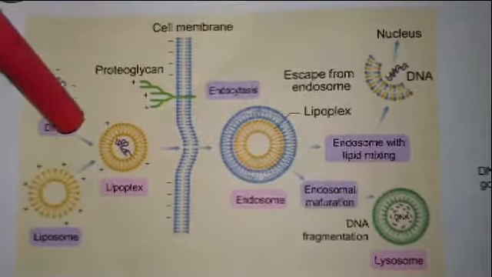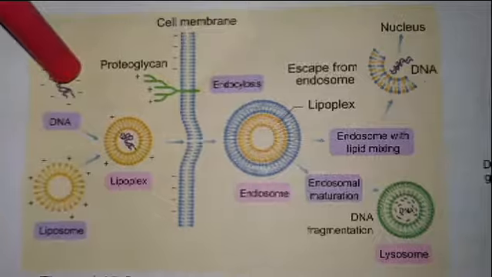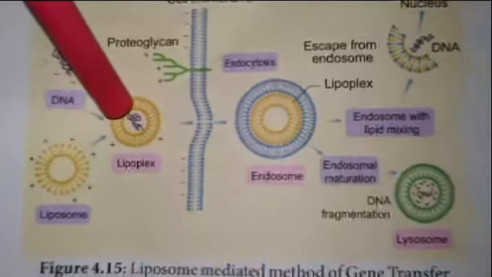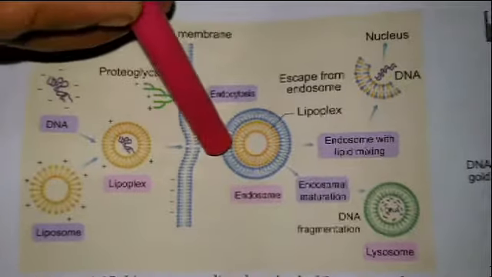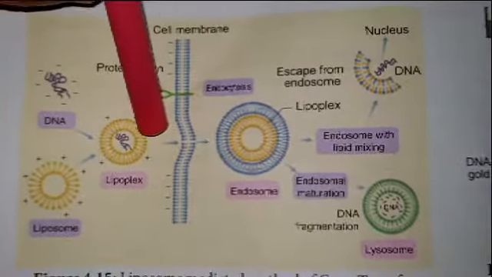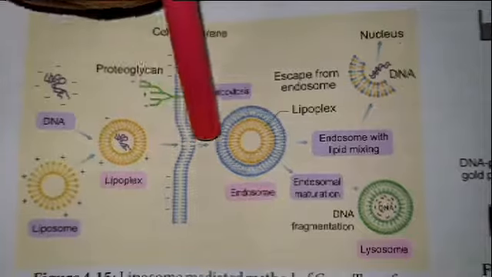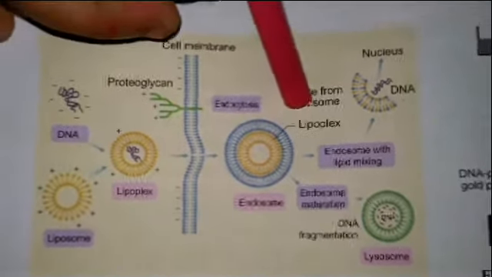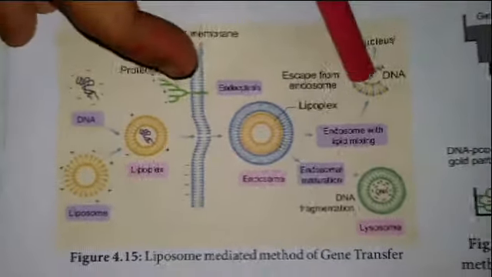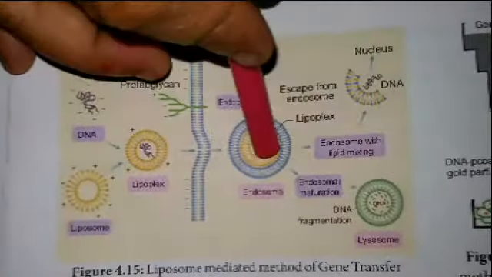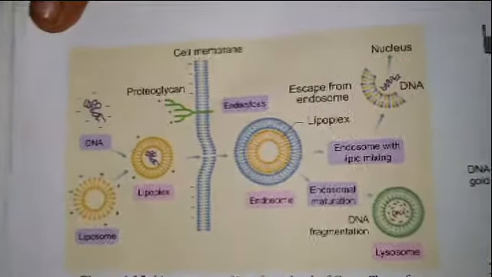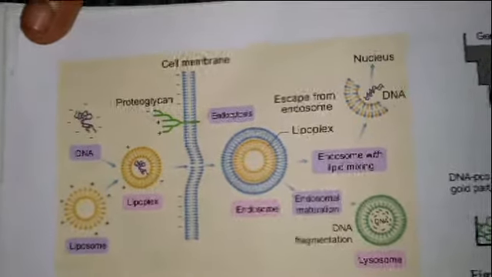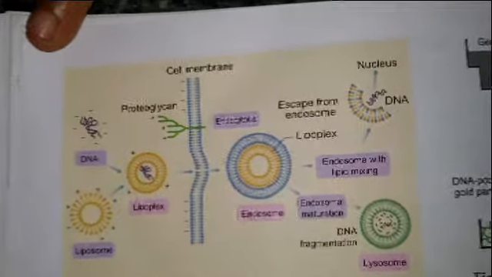The complex of foreign DNA with the liposomes is called a lipoplex. These lipoplexes enter the plant cell through the cell membrane and deliver the foreign DNA into the plant cell. It is carried out by encapsulating the DNA into the vacuoles.